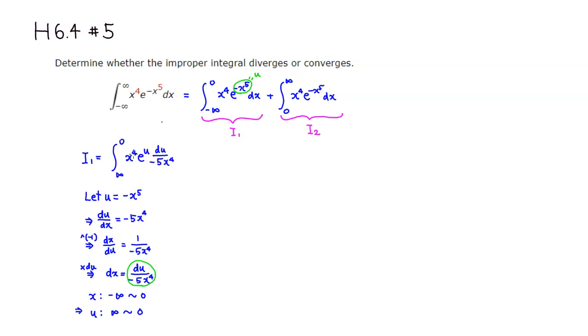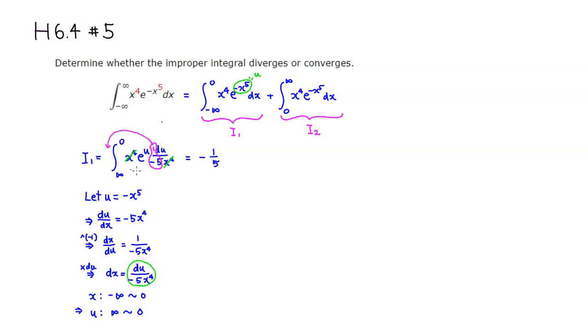We can cancel the x to the fourth on top and the x to the fourth on the bottom. And the negative 1/5 is just a constant, so we can pull it outside. So it's going to be negative 1 over 5.